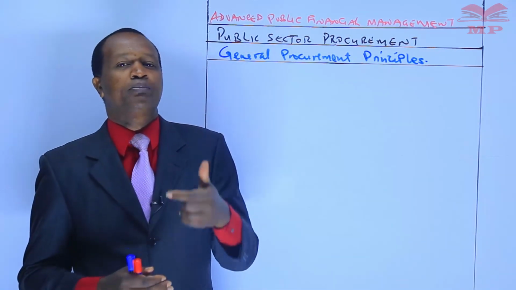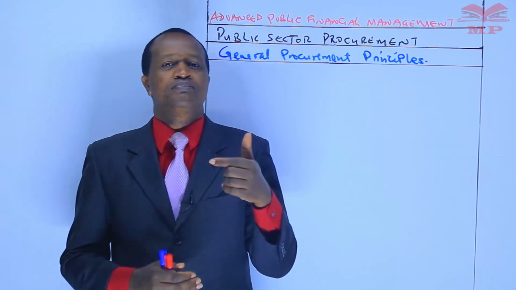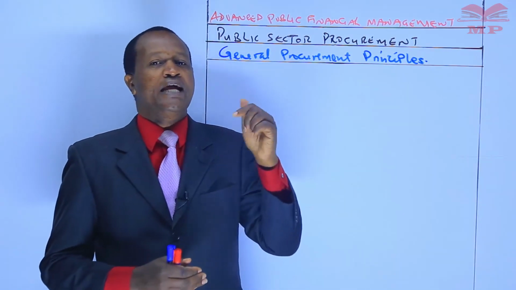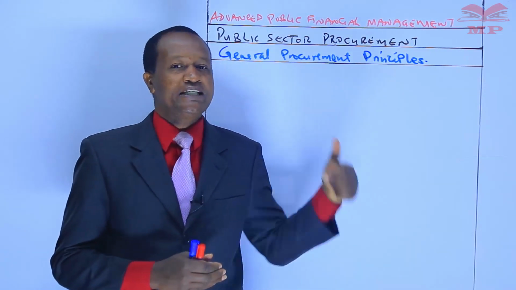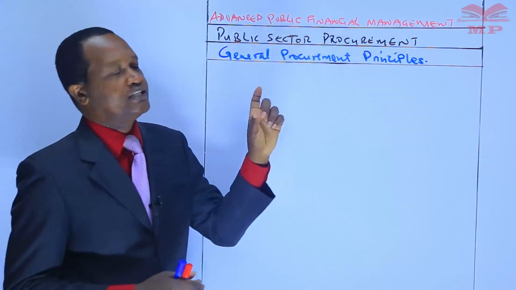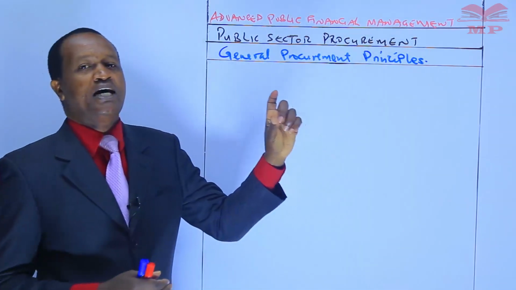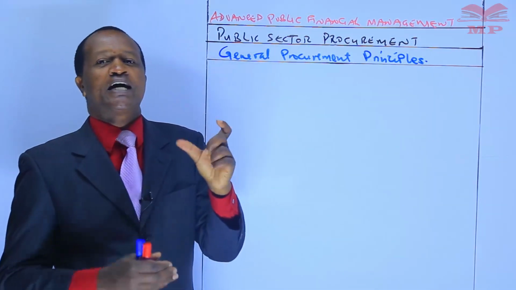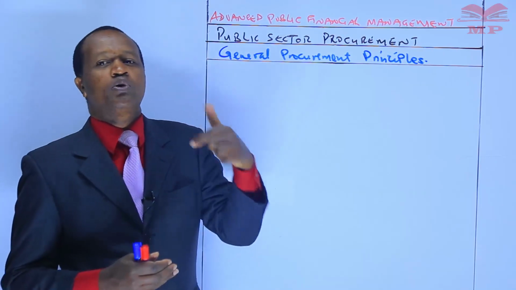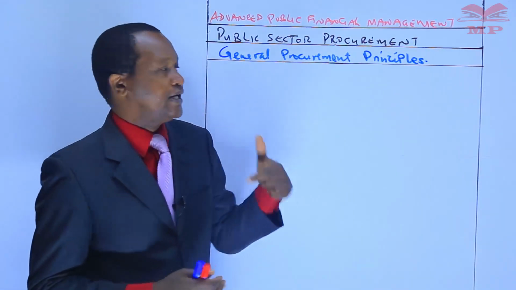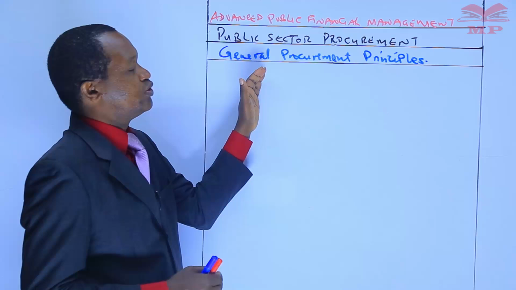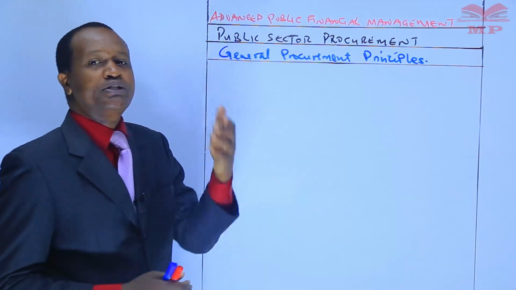So the procuring entity, the entity that procures, and its staff will be held accountable and responsible for non-compliance with the general procurement principles.